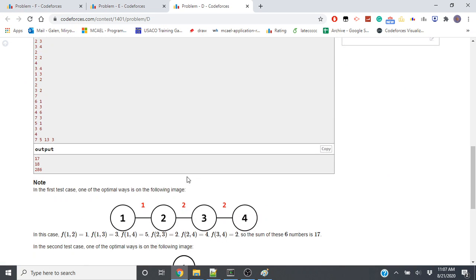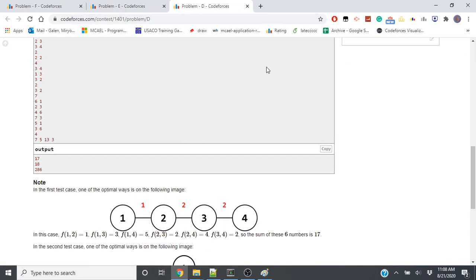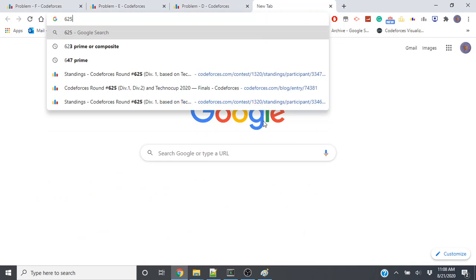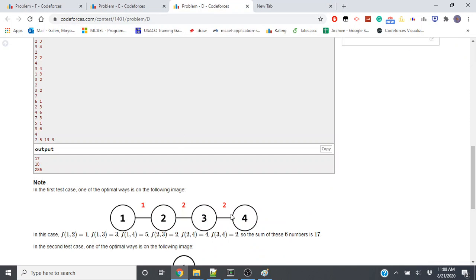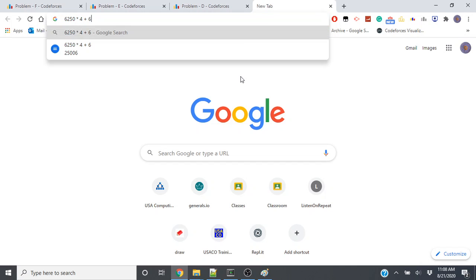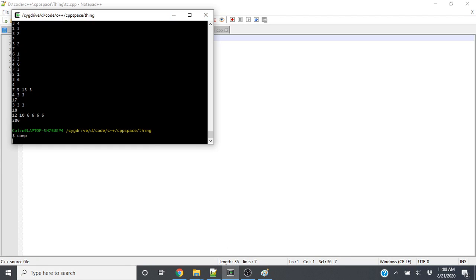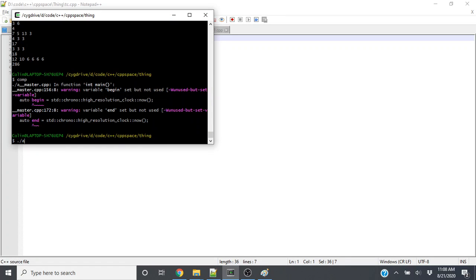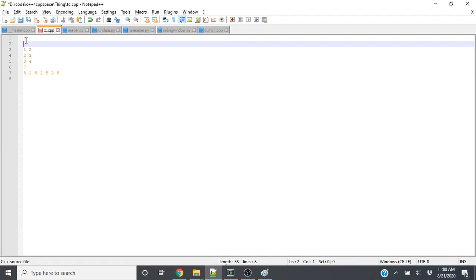Then the answer should be 5 to the 5th times 2, 6250 times 4 plus, then we have 2, then we'll stick a 2 here and a 2 here, so that's 6,25,006. Multi-tests, my bad.